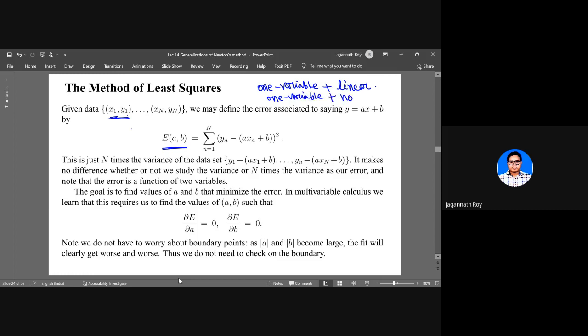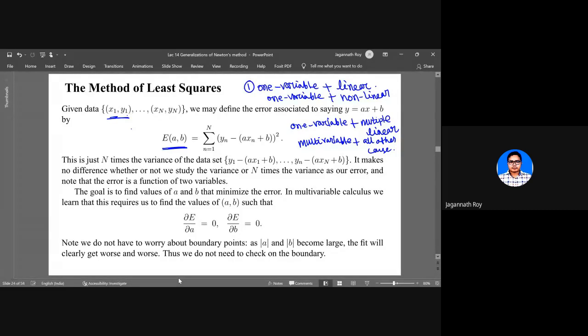There are also possible one variable plus non-linear, multiple linear, and multivariable plus linear plus all other cases. We'll discuss the simplest one first.